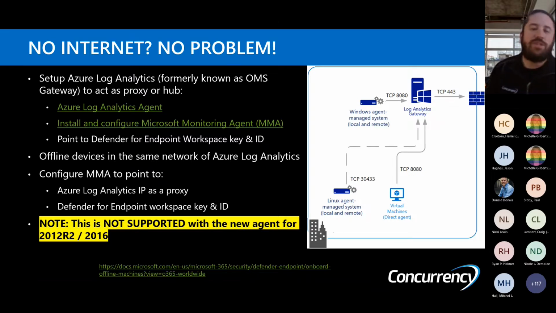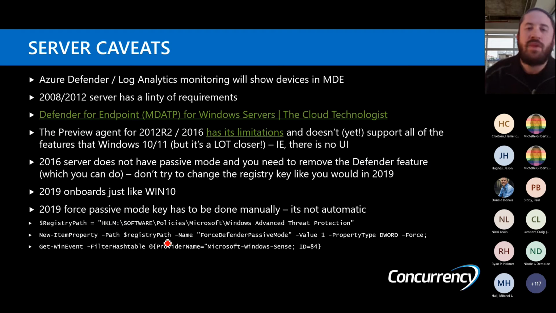There are methods to deploy to servers in an offline mode. However, you're going to lose a lot of the real-time capabilities if you have servers with no internet connection. So being able to have that connectivity up to the cloud, at least through a Microsoft-controlled IP or whitelisted range, is pretty important as well.